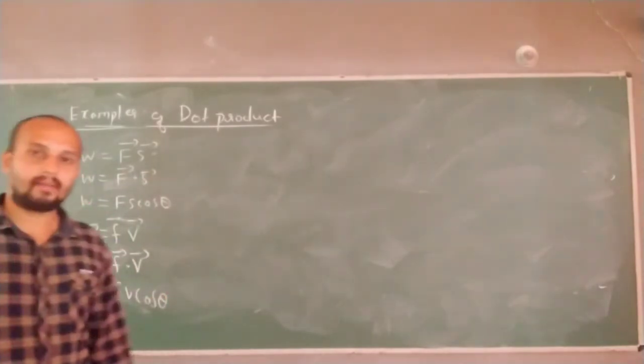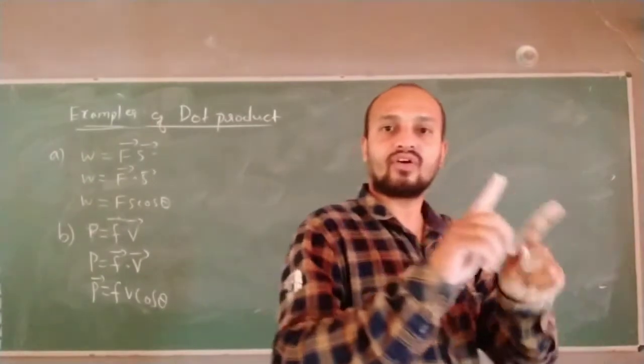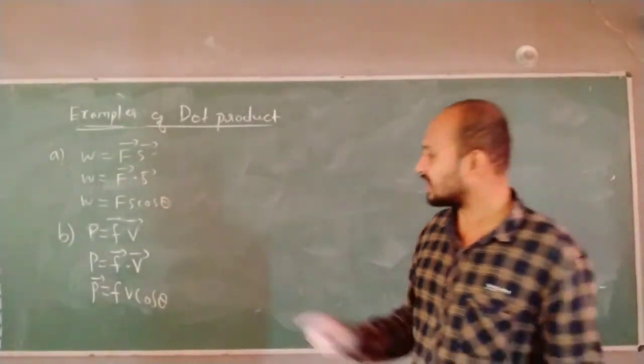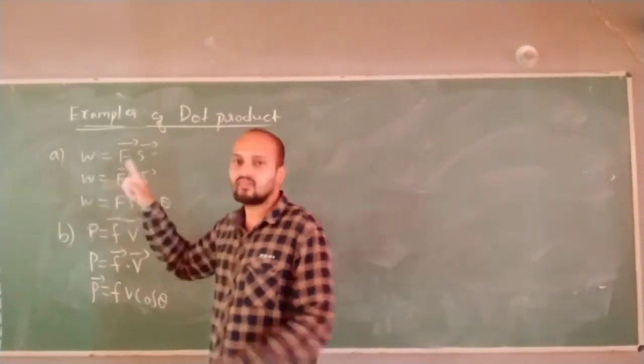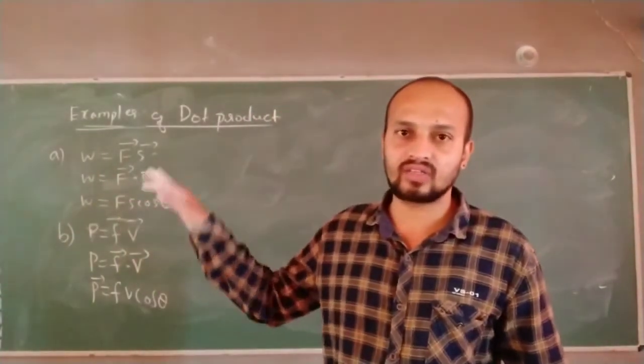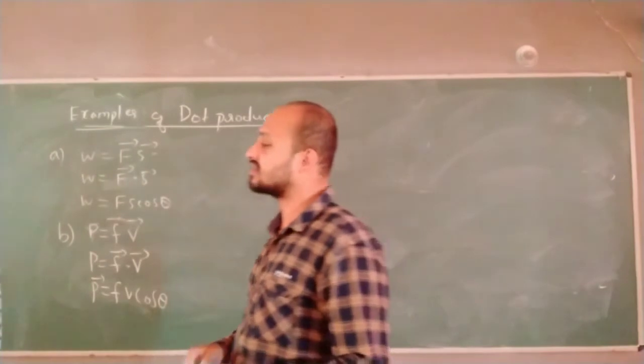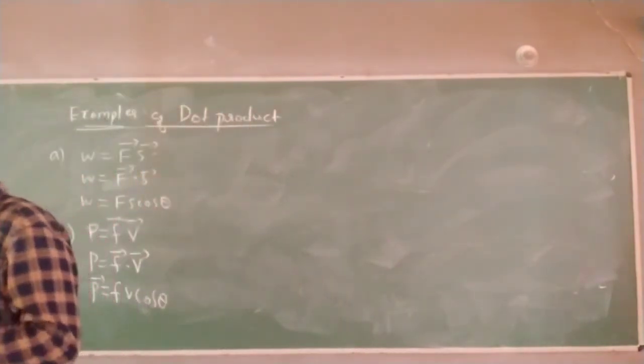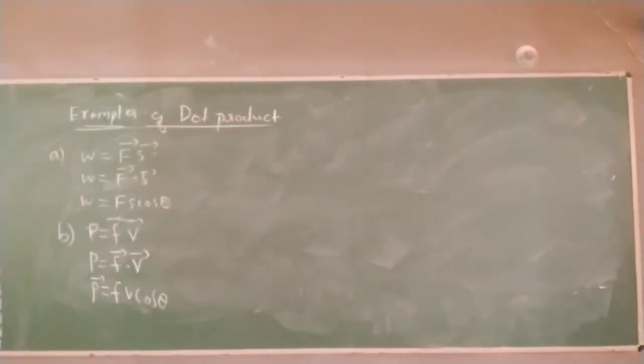In that case I am multiplying the force and velocity in the same direction. That is the meaning. Here displacement and force are in the same direction. Force is a vector, displacement is a vector, both in the same direction. These are some of the examples of dot product. Slowly we will try to understand. This is about dot product.